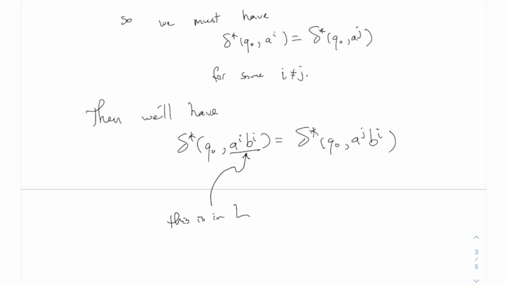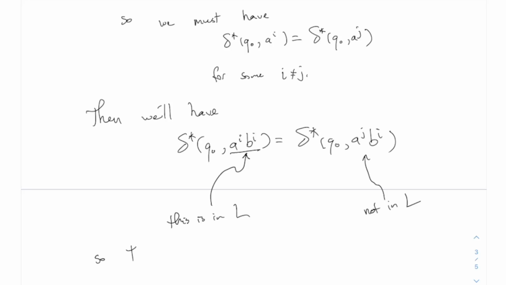But the one on the right side is not in L, and this is the contradiction. The one on the right side is not in L because those two exponents are different in the second one. But we're saying actually that the two sides are equal, all right? That's not allowed.